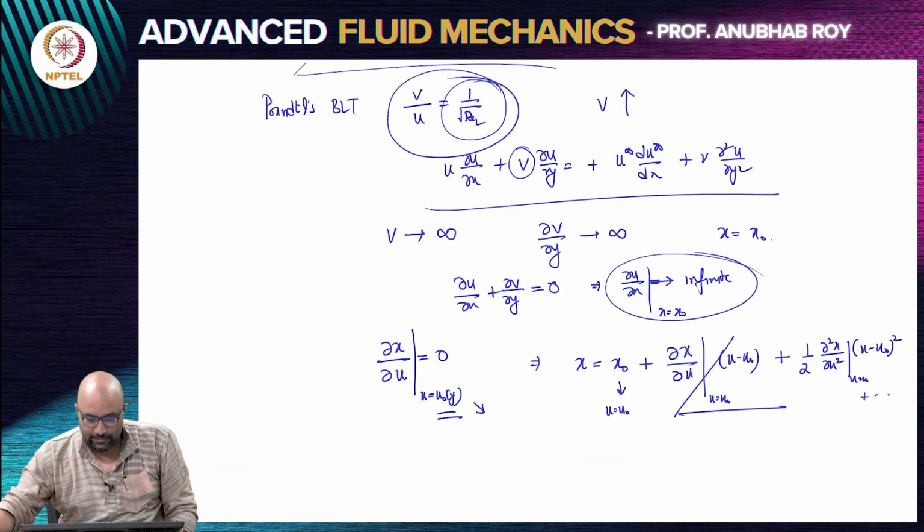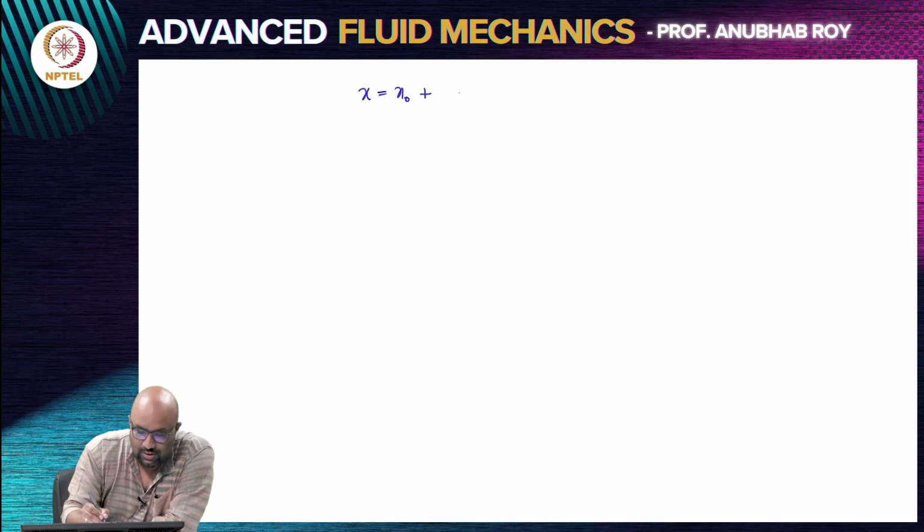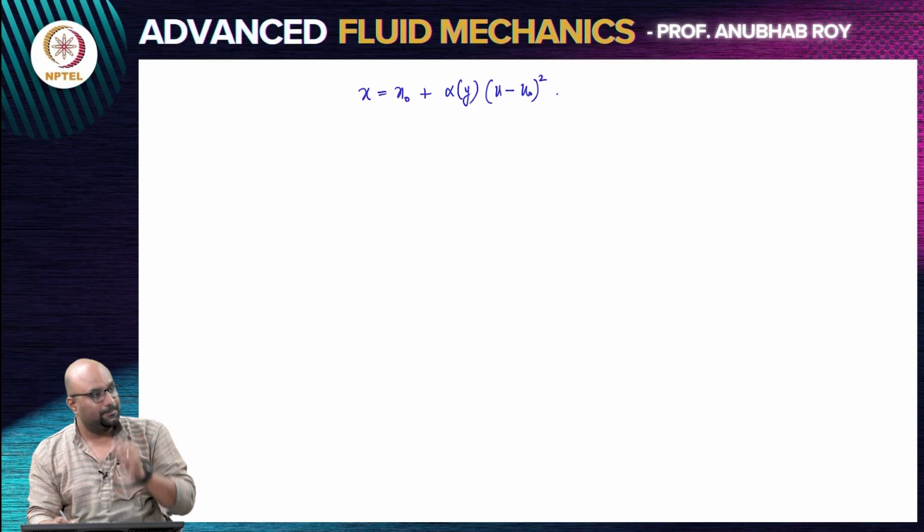which means the point where vertical velocity is blowing up is described by x equals x naught plus some function of y times u minus u naught whole square.